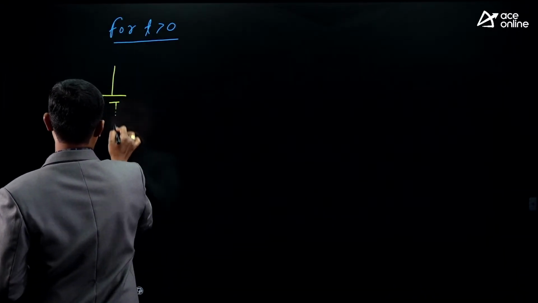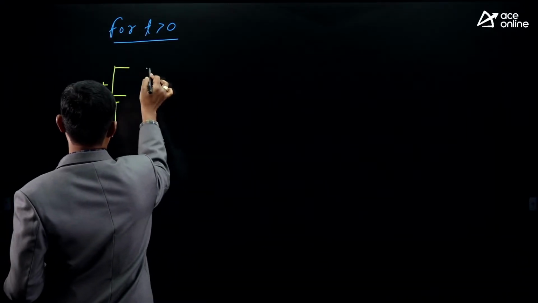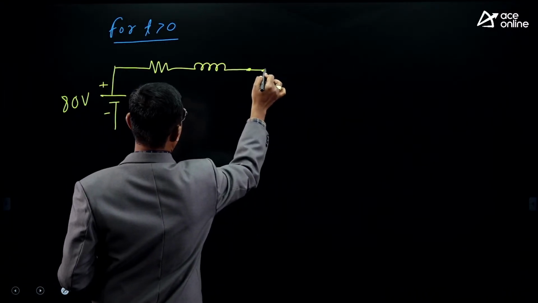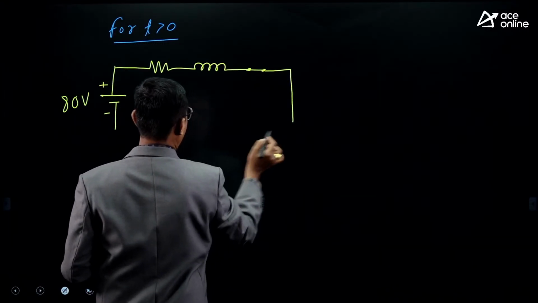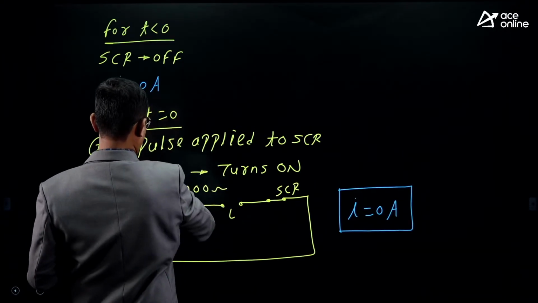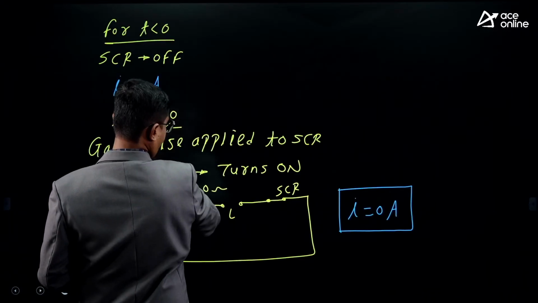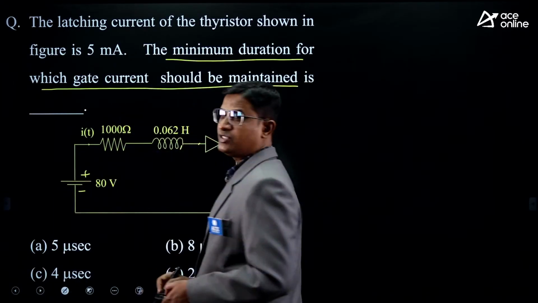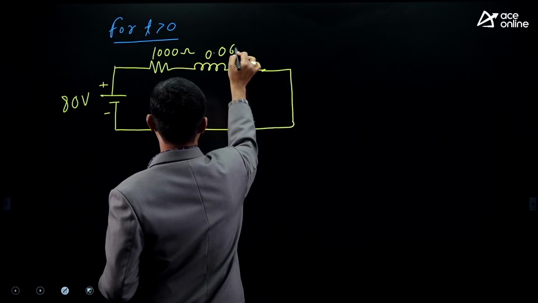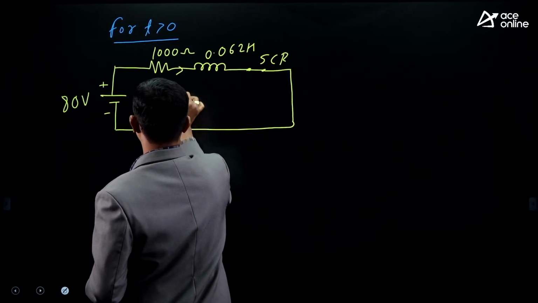It is an 80 volt source, with a resistor, inductor and SCR. This is 1000 ohm. The inductor value is 0.062 Henry. And this is the SCR, and the circuit current is I.